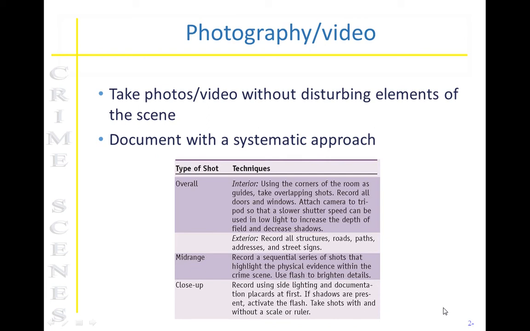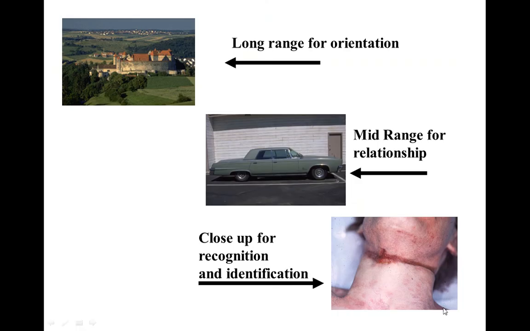You might also want to take a systematic approach to the photographs being taken so that you can have an overall photo of a room itself, then more of a mid-range focusing on a specific area in that room, and then the close-up of that evidence item itself.